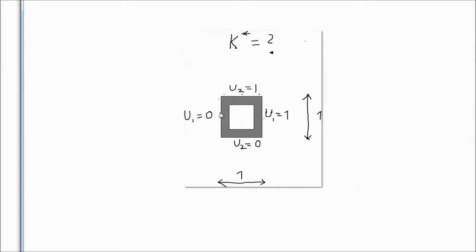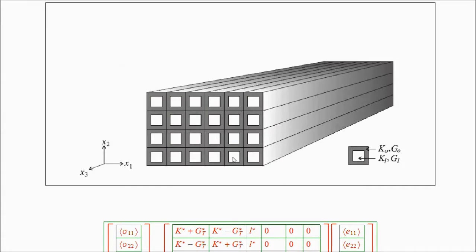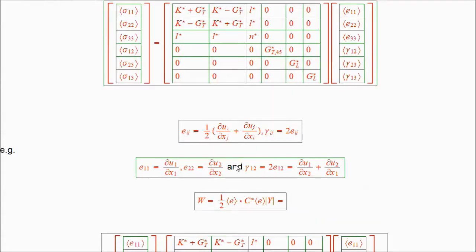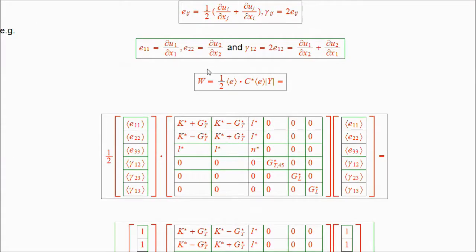So we are stretching this structure in the x direction like this. We are just putting a displacement equal to 1 here, and in the y direction we are putting a displacement equal to 1 here. So we are just stretching it equally in the x and y direction. And we are able to calculate the energy by using this formula.